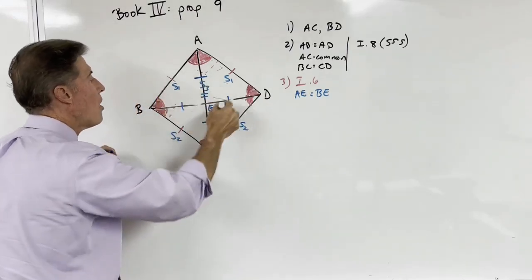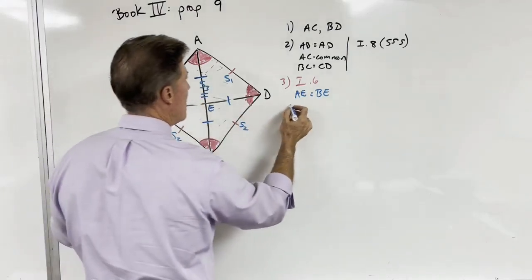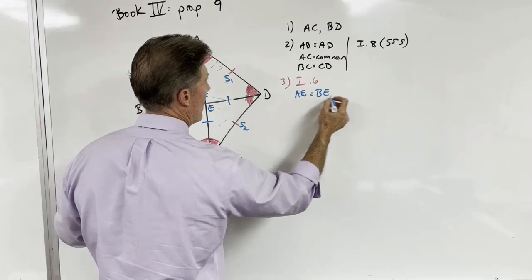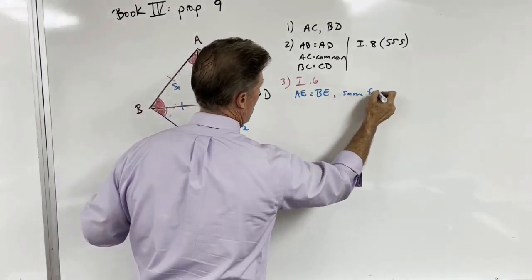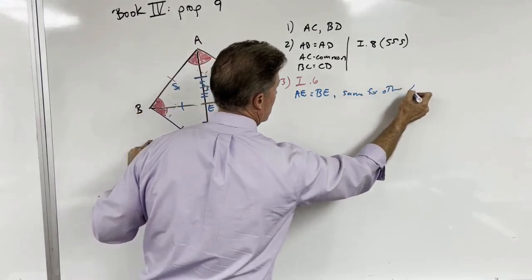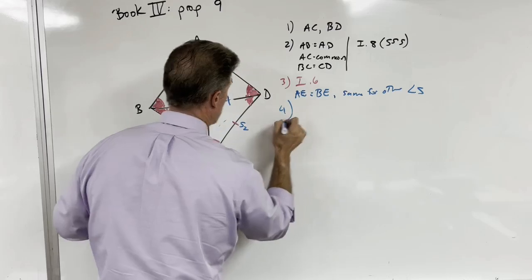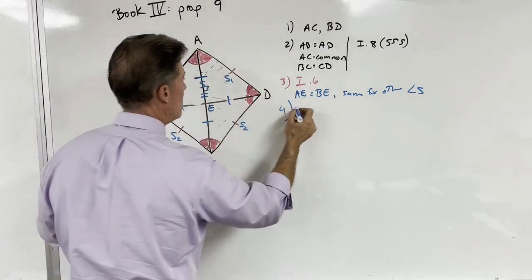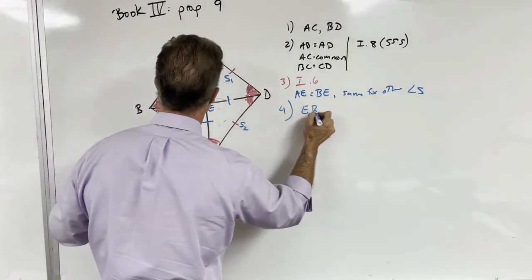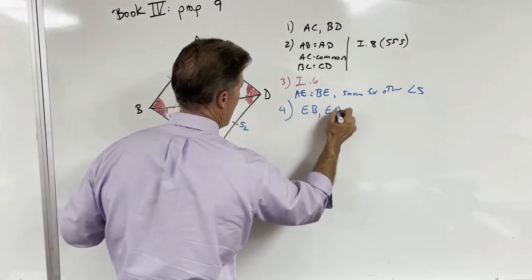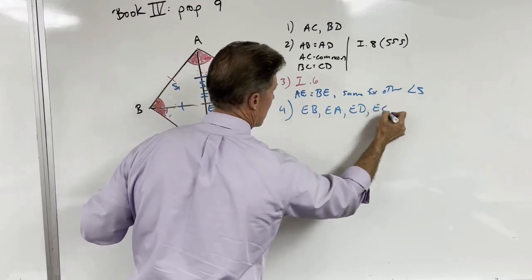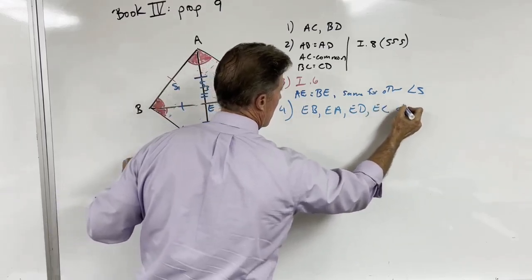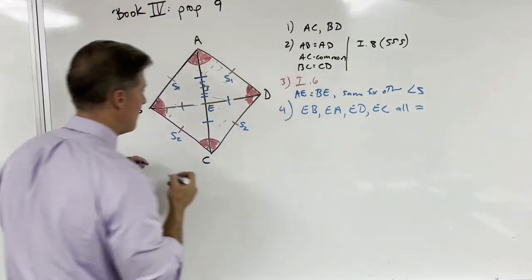So we can show the same for the other angles. So we can instantly conclude here that EB, EA, ED, and EC are all equal.